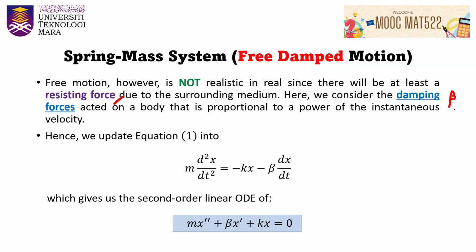The first equation can be updated into a second equation, in which we take into account the damping force, minus beta dx over dt. This gives us the second-order linear ODE mx double prime plus beta x prime plus kx equals 0. That is the free damped motion of a spring mass system.